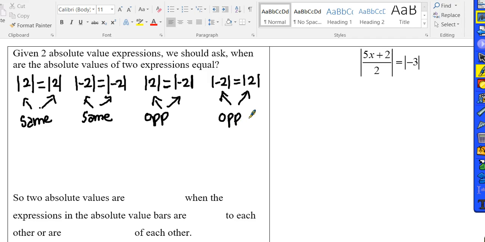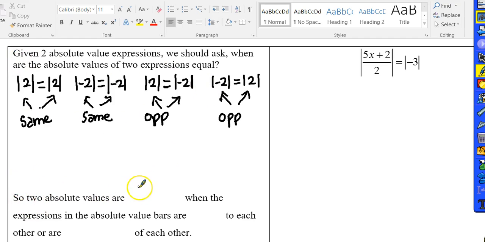So when we're solving equations with absolute values on both sides, we have to take into consideration all of these options, which means there is probably more than one solution. So, in conclusion, we've answered our question. Now we're going to summarize.